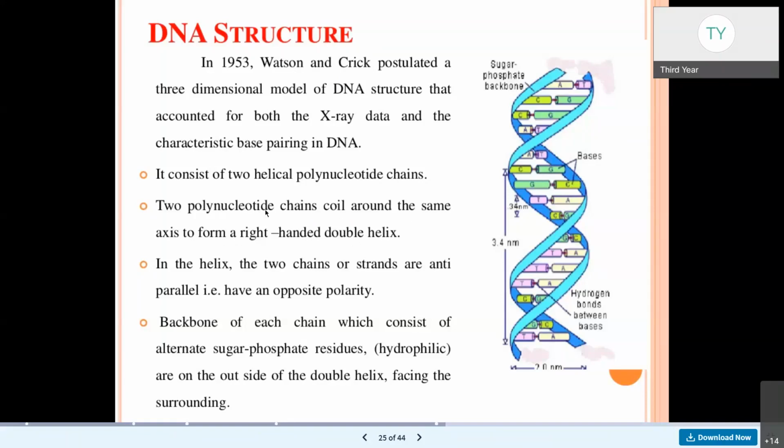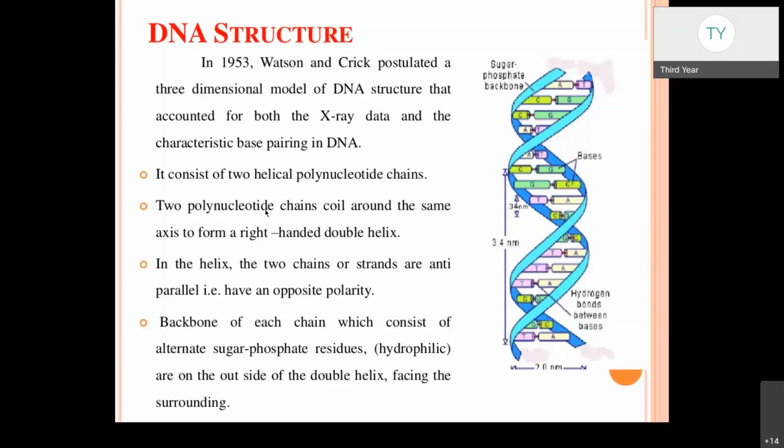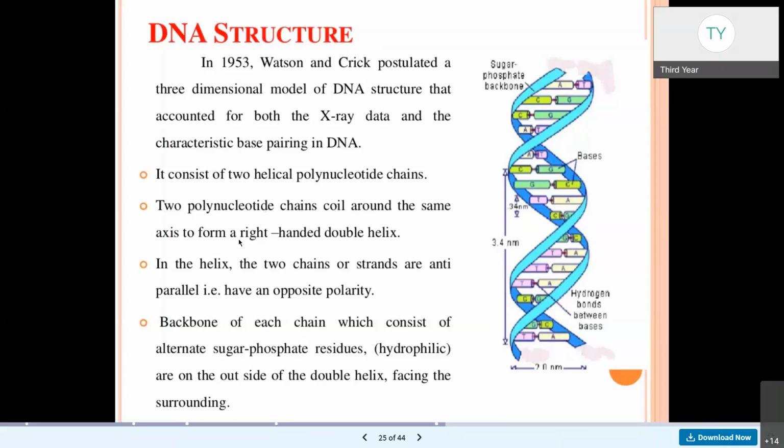So these two polynucleotide chains coil around the same axis and form the right-handed double helix. And in this helix, the two chains or strands are anti-parallel, meaning they have opposite polarity. So you can see this is the right-handed double helical structure, and in it the two chains are anti-parallel.